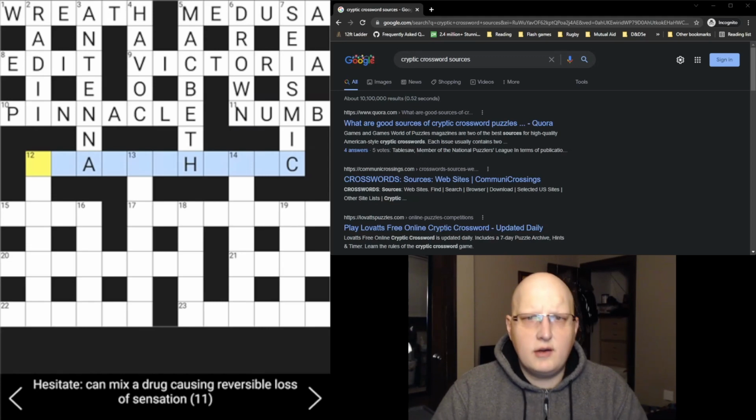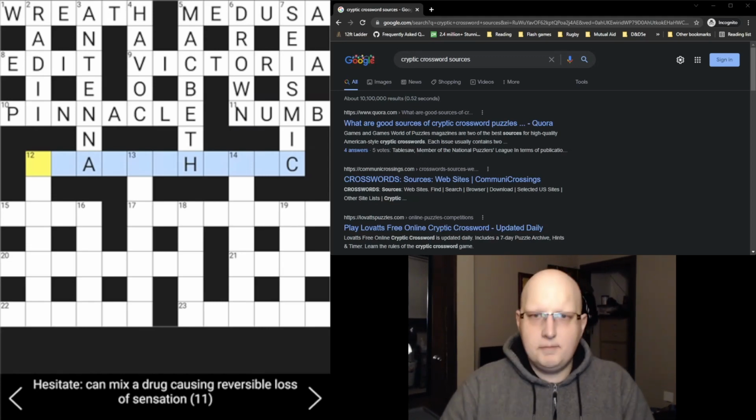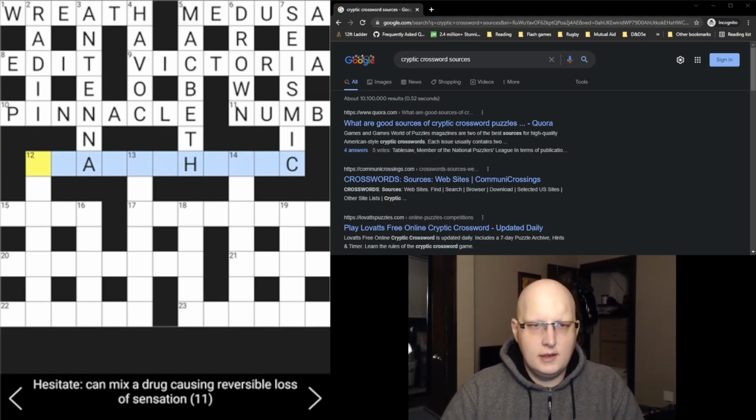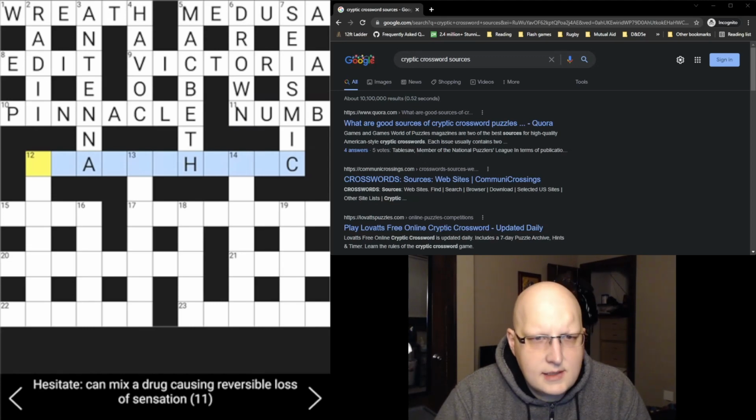All right, let's try this big cross clue, which should hopefully unlock the bottom of the crossword for us. Hesitate can mix a drug causing reversible loss of sensation. 11 letters. Do we have 11 letters? Hesitate can has 11 letters in it.